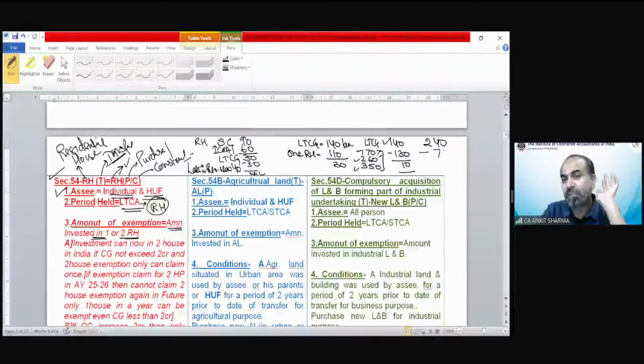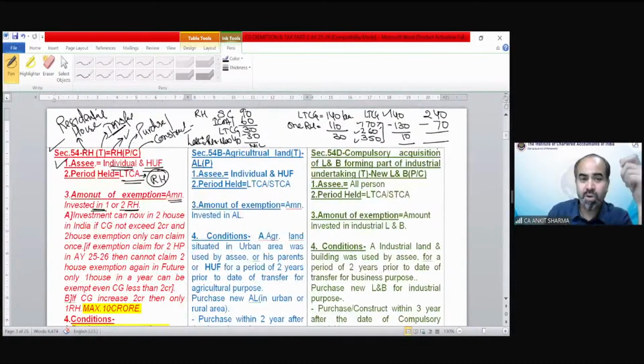Only one house exemption you can claim. So in this scenario, we can only claim 70 lakh. Suppose in the next year, if it is less than 2 crore, then again you can claim the two house exemption. But this two house exemption is available only if your gain is up to 2 crore rupees. Now we can see this restriction.